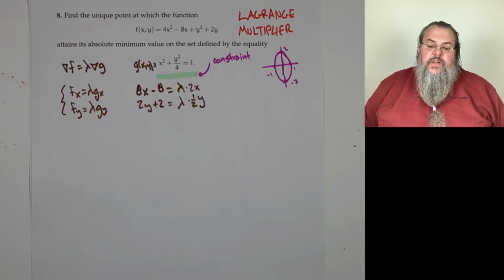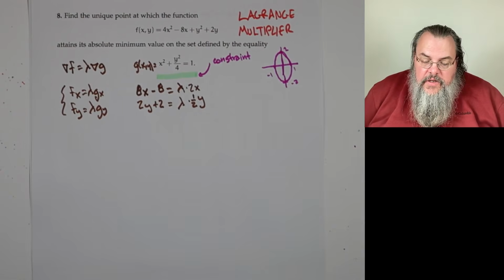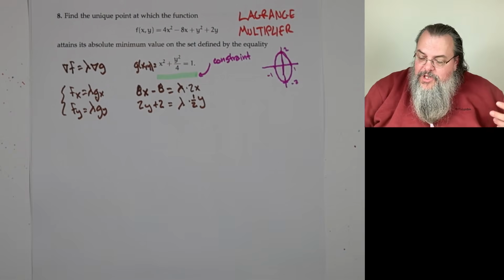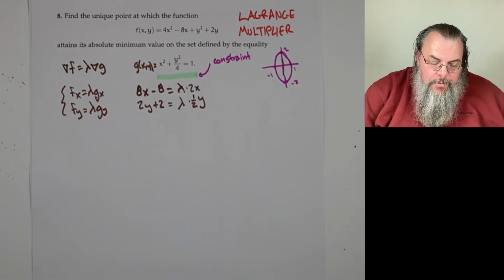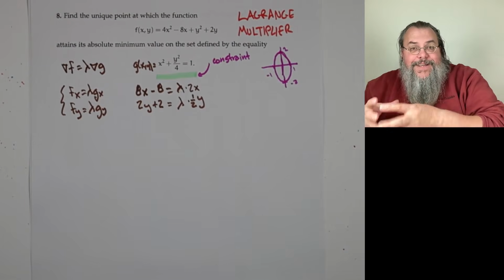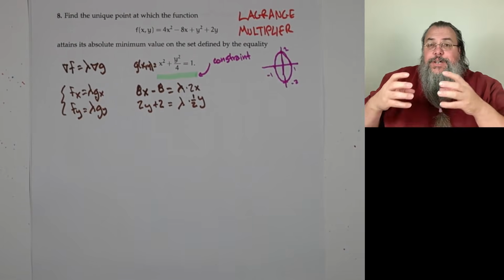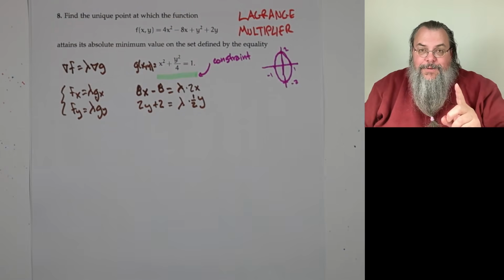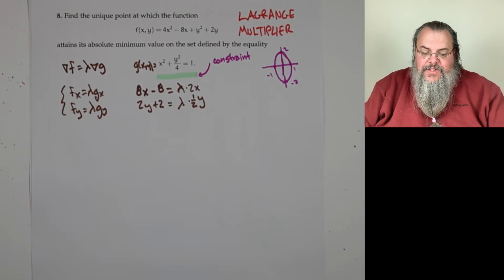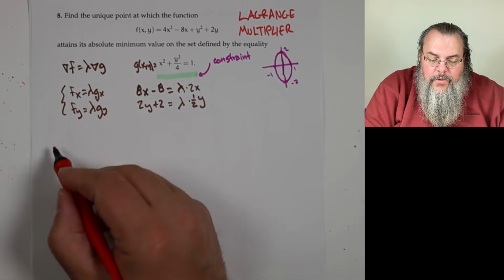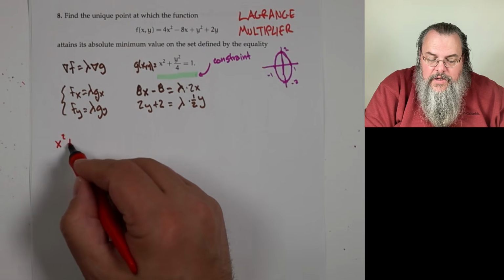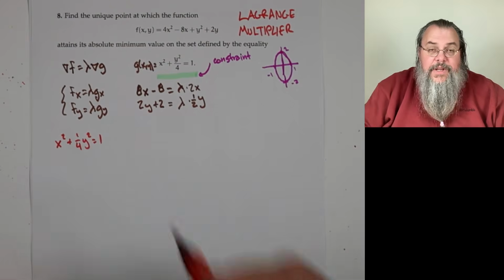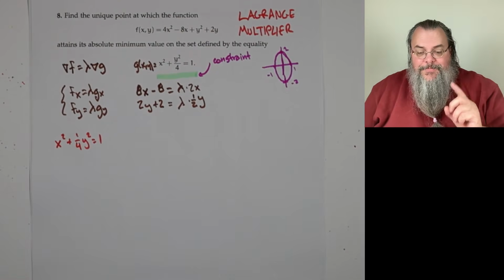All right, and good. Now, how do we proceed? Here's the thing. We're going to take our problem as given and turn it into 2 equations and 2 unknowns. One of our equations is our constraint: x squared plus, I'll write it as 1/4 y squared equals 1. That's equation number 1.